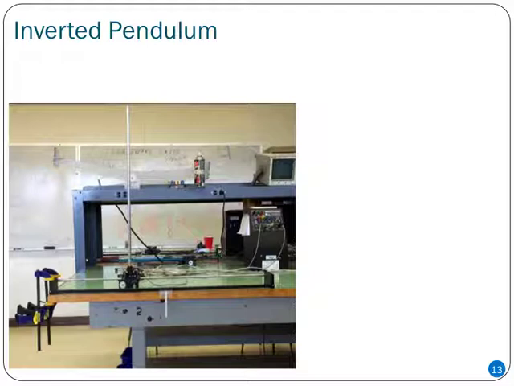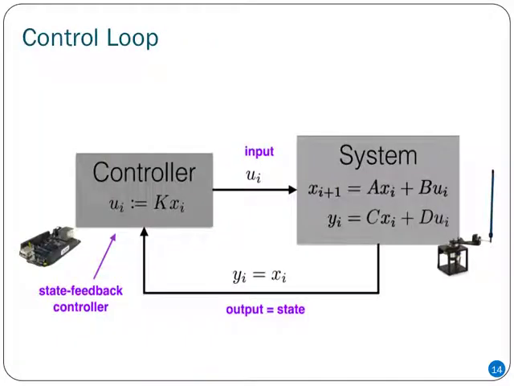This is the setup in our colleague's lab in Santa Barbara. So the idea is they have the controller on BeagleBone Black, and they have the system, which is the inverted pendulum. All of you are familiar with this loop, the control loop, PID. Okay, so it's a very simple control loop.